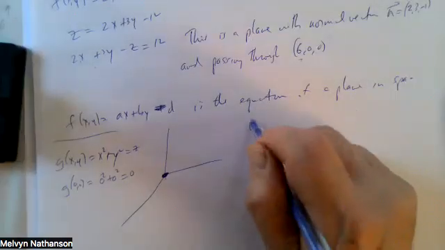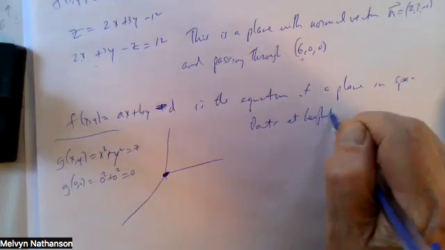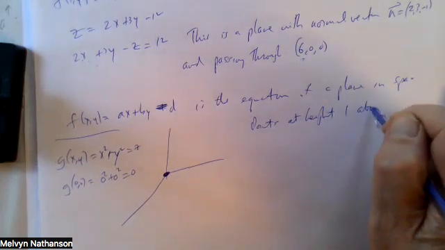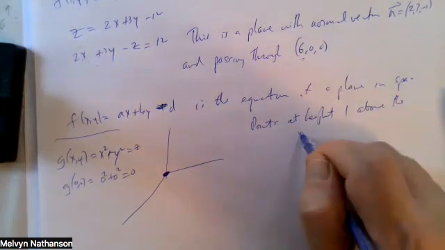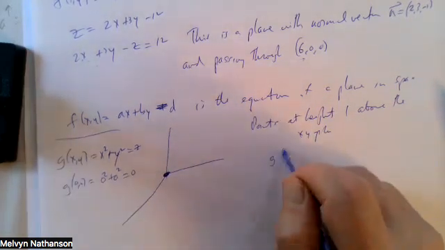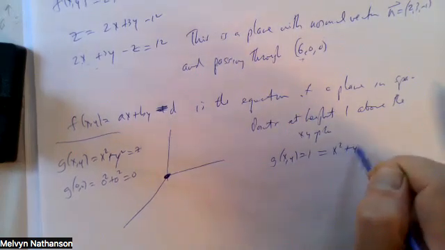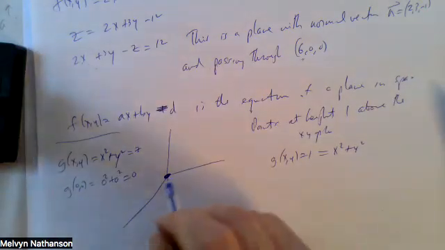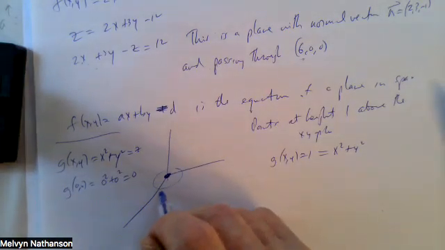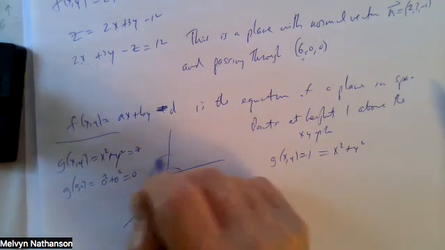What are the points at height 1 above the xy plane? So if g of xy is equal to 1, that means x squared plus y squared equals 1. So in the xy plane, if you take the circle of radius 1, those points get moved up to height 1.